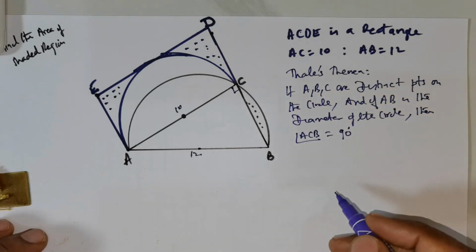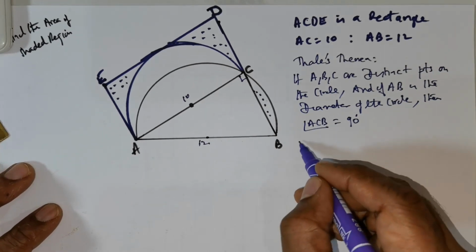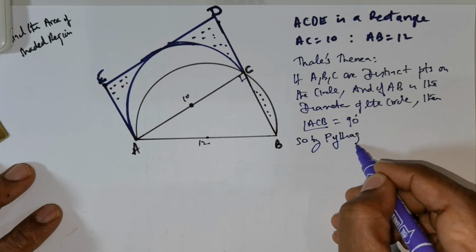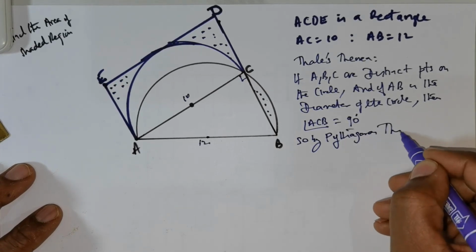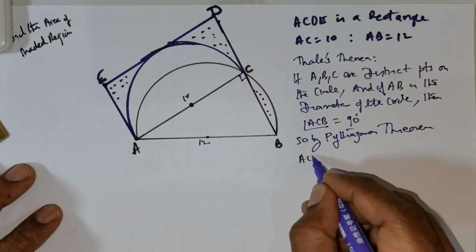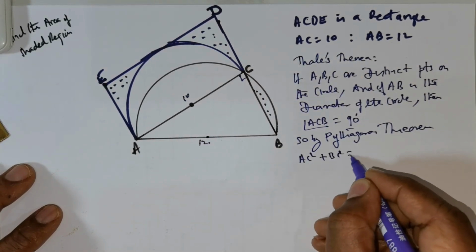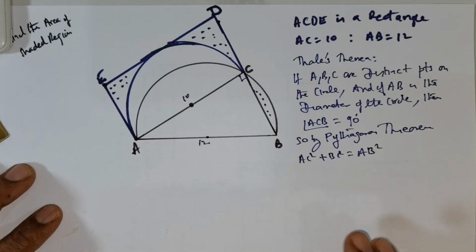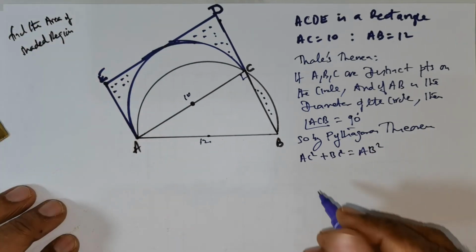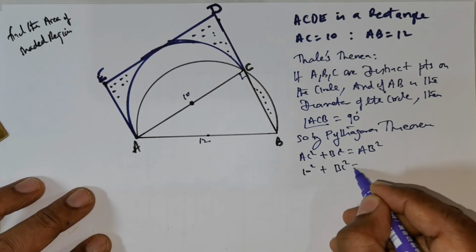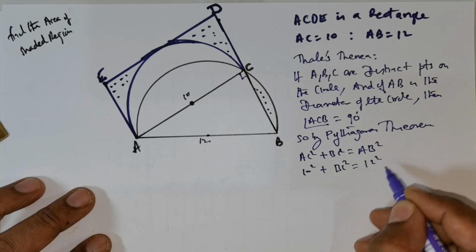Okay, so we can use Pythagoras. So by Pythagoras theorem, we get AC squared plus BC squared is equal to, this is the hypotenuse side, AB squared. So AC squared is 10 squared, BC squared I do not know, I'm yet to find out. AB squared is 12 squared.